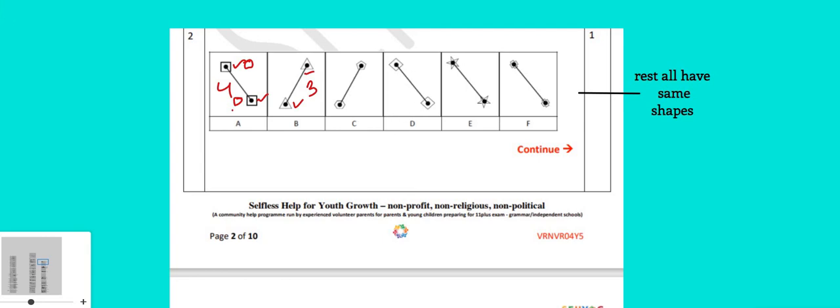Here in D we have again 2 squares, which makes it 4. Here we have the same figure, a star and a star, and the same sided figure for F as well. So these have nothing uncommon in them except for C. Why? Because C has a pentagon right here and a hexagon right here. So therefore C is the odd one out in this question.